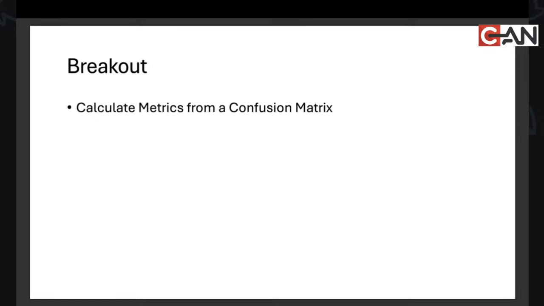All right, so your goal is to use this calculate metrics function, which takes in a confusion matrix and then calculate the accuracy, precision, recall, and specificity. So I'll share this.